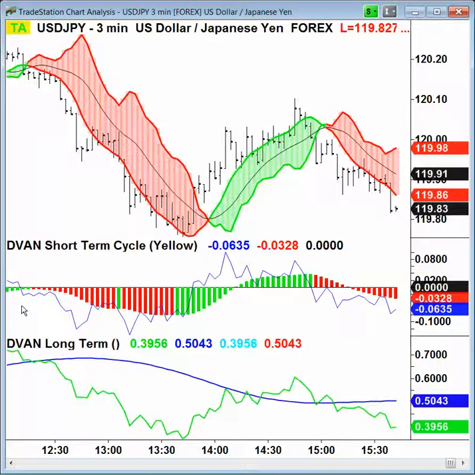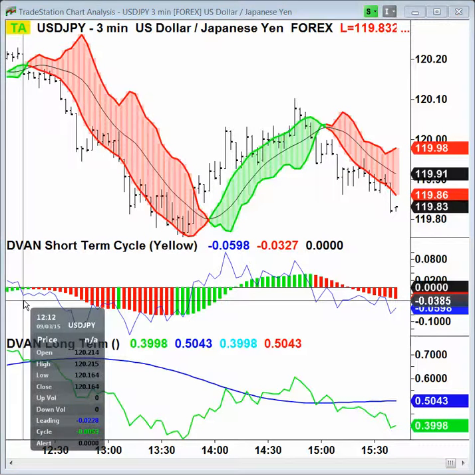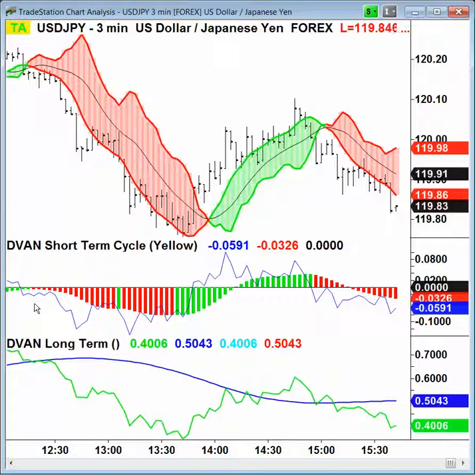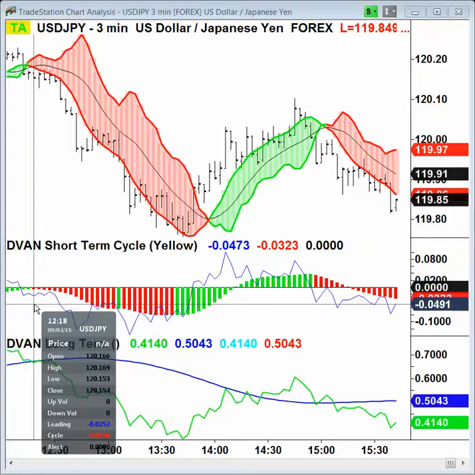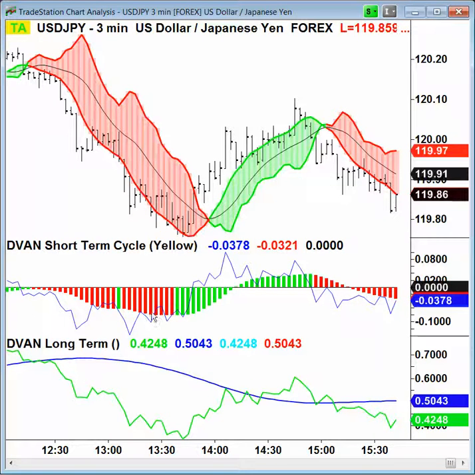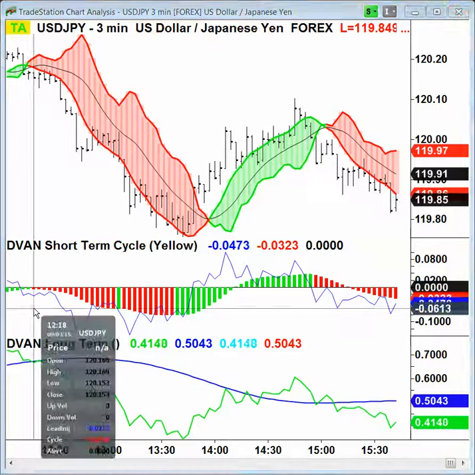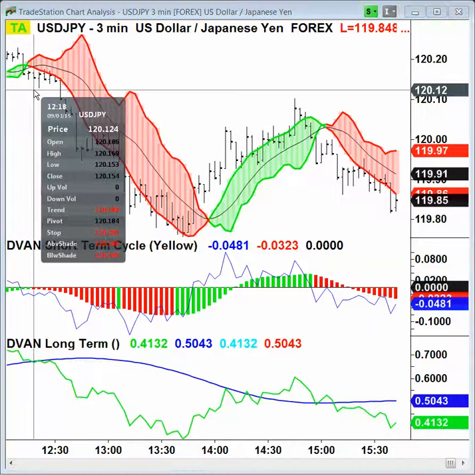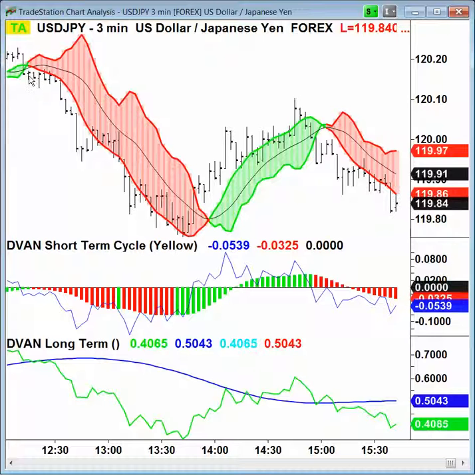That's showing us that the shorter term force in that short-term trend is pushing negative. Ultimately, to enter that short position, we also want to see the red histogram on the short-term trend, meaning that the trend in the short term is actually turning down. So these all confirm to tell us to go short at 12:18 p.m. at 1:20.15. This is a great move.